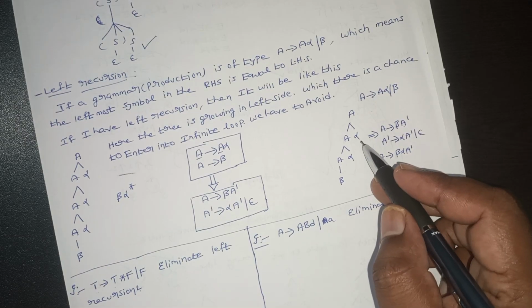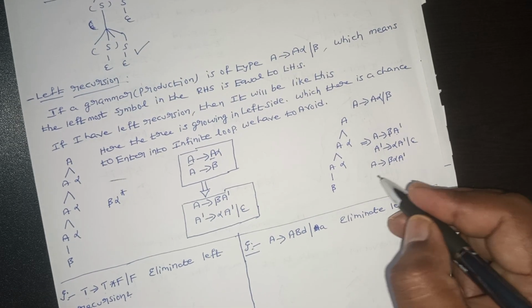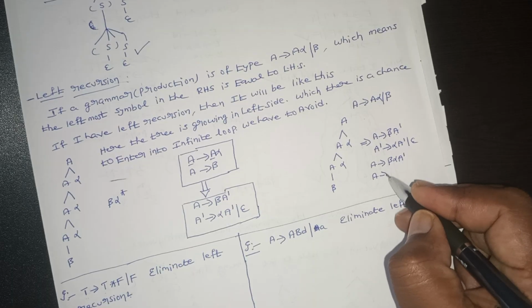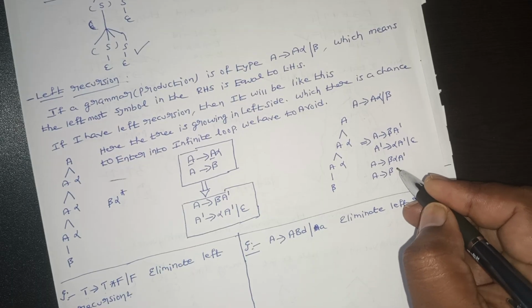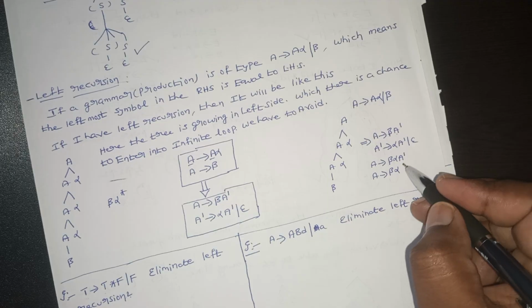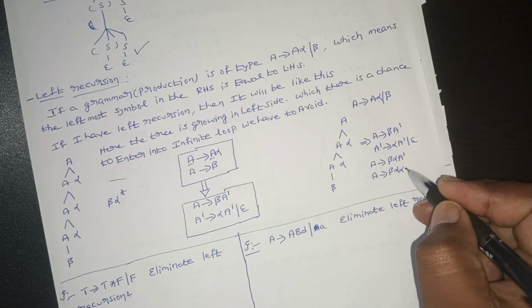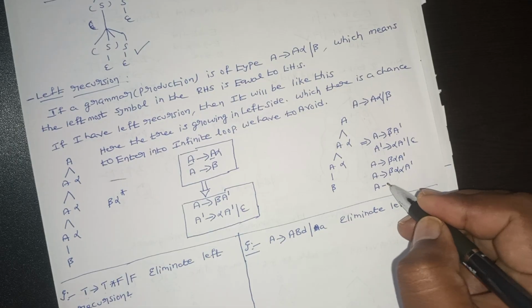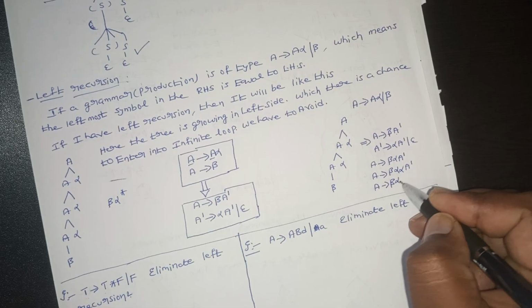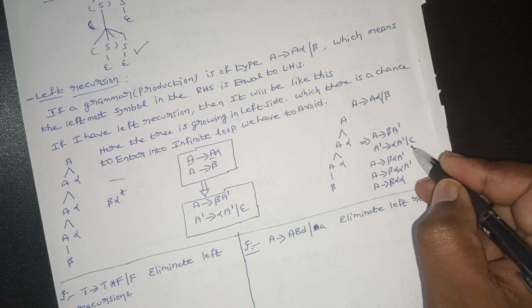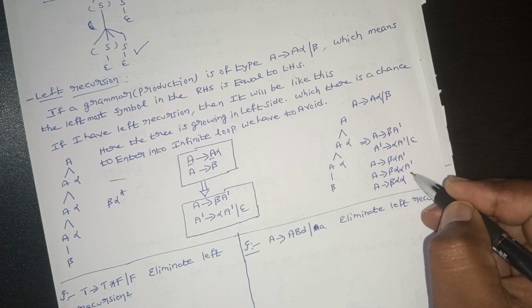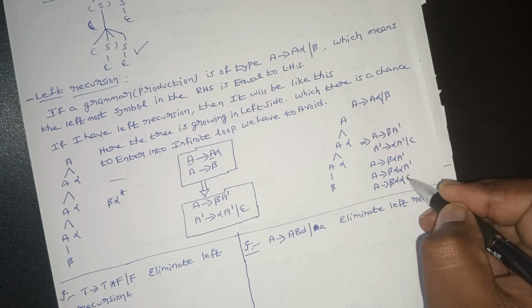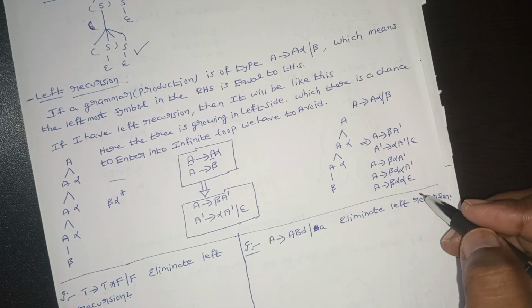Now again, I want to get one more alpha. So A tends to beta alpha, and again in the place of A dash, I am writing alpha A dash. Then A tends to beta alpha alpha. In the place of A dash, I am writing epsilon, so it disappears.